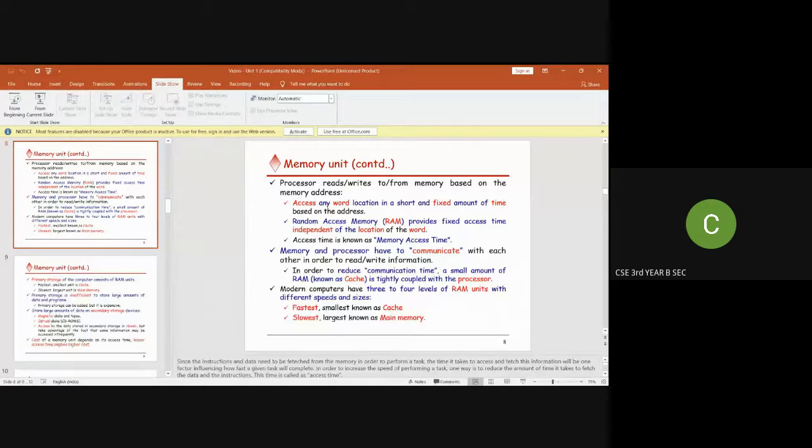But most of the time is spent on this communication rather than on accessing the data. So the communication time should be reduced. In order to achieve high performance and reduce the communication time, we are using a concept called cache memory.